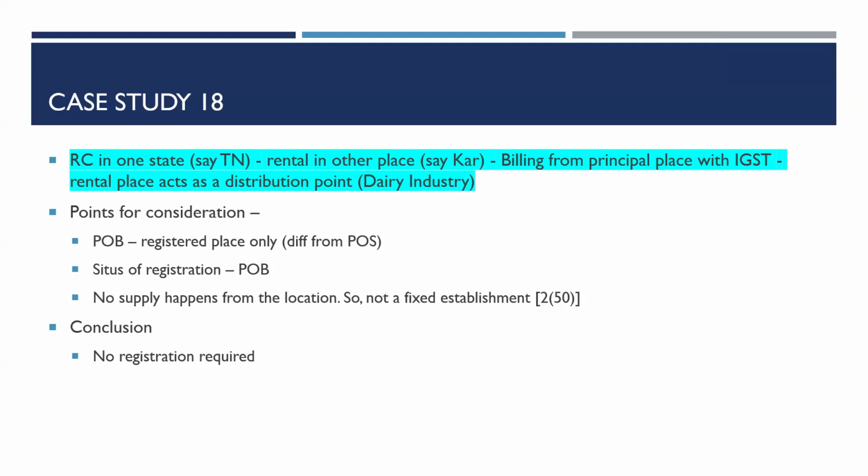But the basic thumb rule, as per my understanding, is we chase the goods, right? Wherever it is, always chase the goods where it ends. Where is the destination, right?